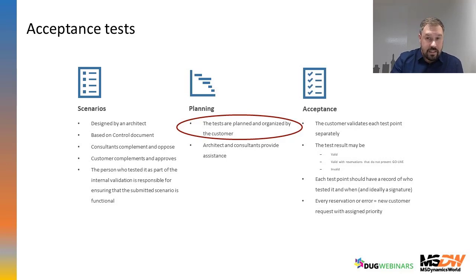Most important is the acceptance. This is where the project manager will apply some pressure. So tell us if your processes are okay. We need to know it to have our heads free for other things, and we need to know if it is valid with reservations that do not prevent go live. So you can make, in some help desk, for example, some reservations or tickets, and they will be solved. But these have priority 3.